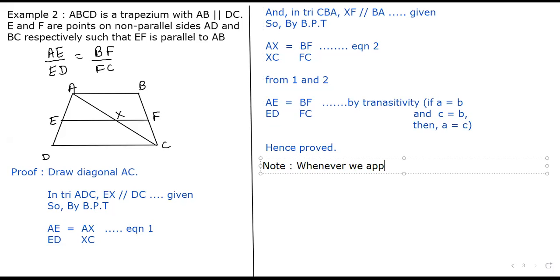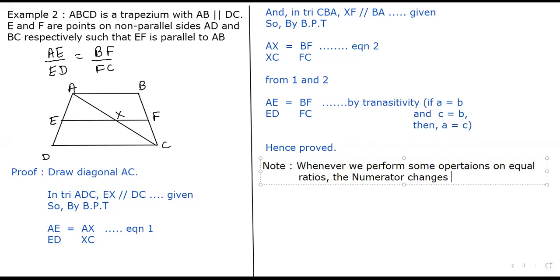Whenever we perform some operations on equal ratios, the numerator changes while the denominator does not.